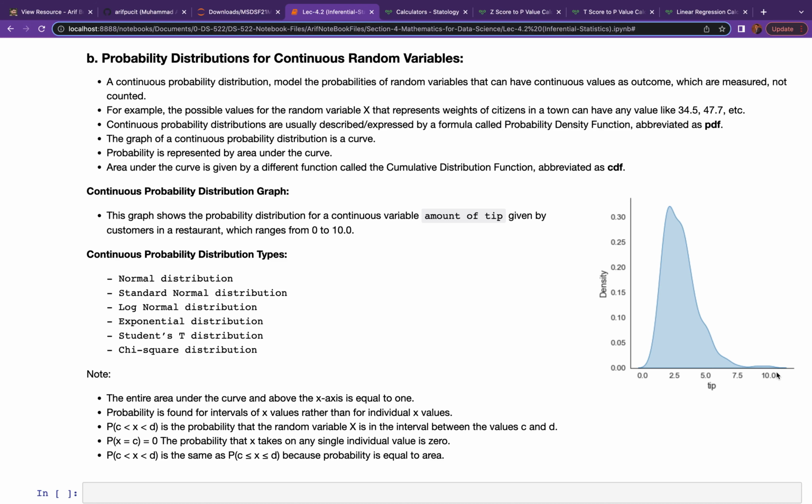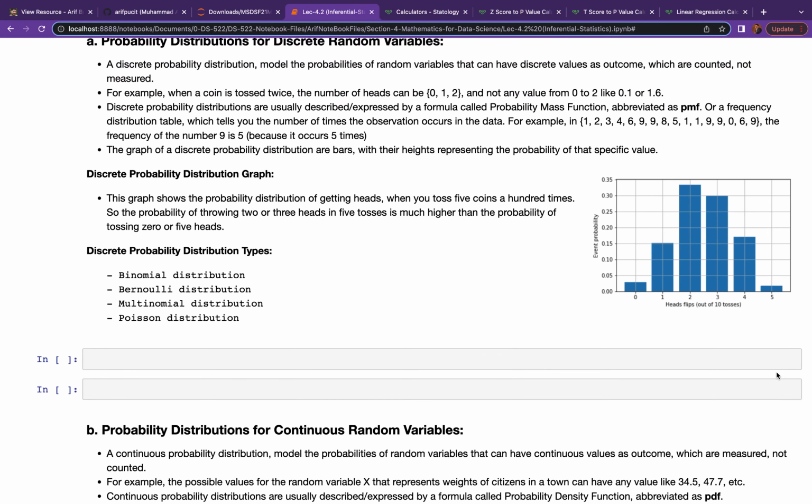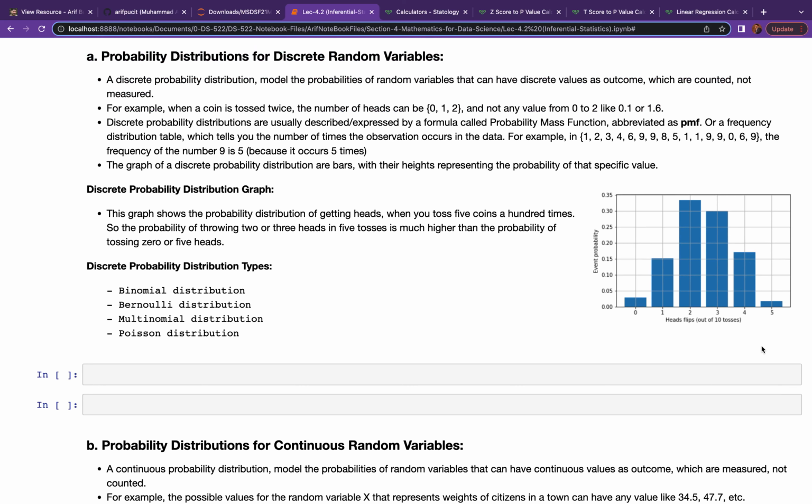My dear students, in discrete probability distribution graphs, the probability of a specific event, for example, getting four heads, can be found by the height of this bar. So the height of this bar is this 0.15 or 17 or 18.